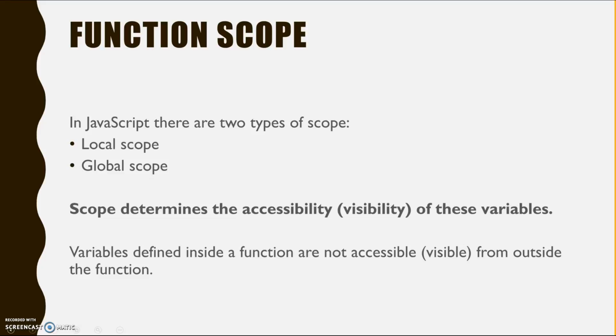What I understood is that scope is the visibility, whether other functions can access it or not. Variables defined inside a function are not accessible, not visible, from outside the function.